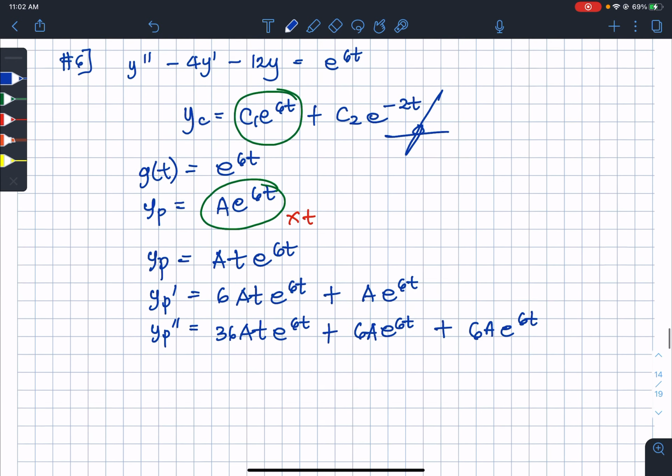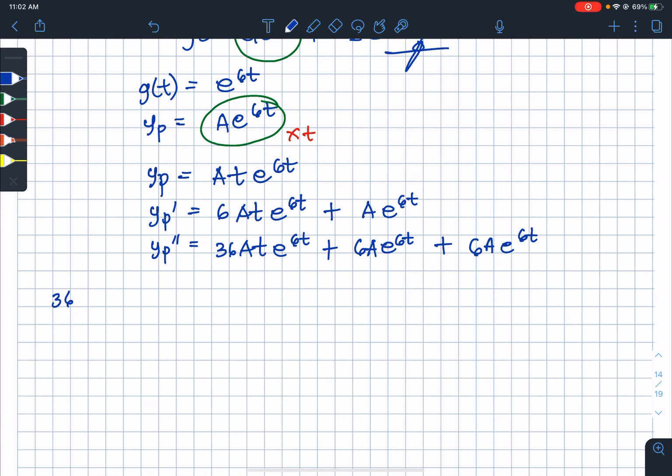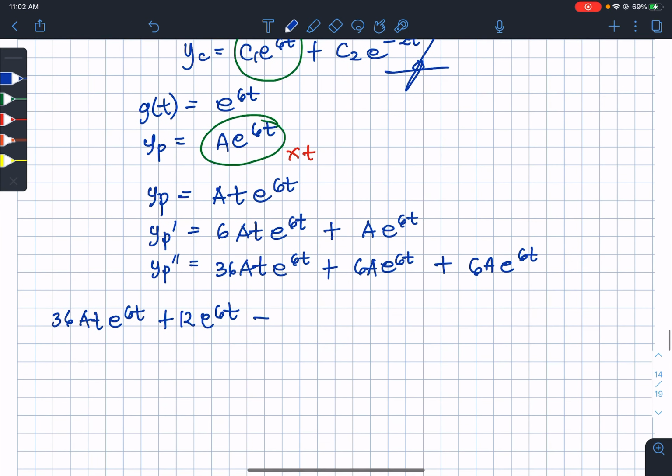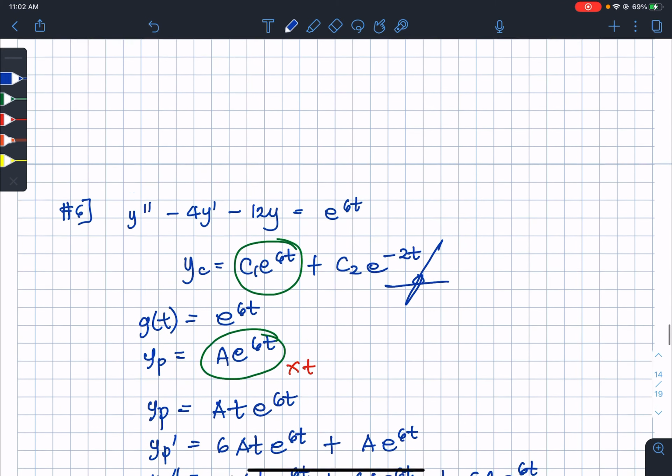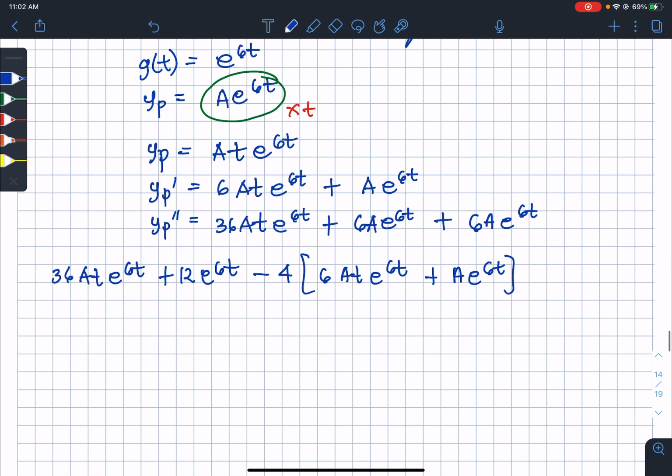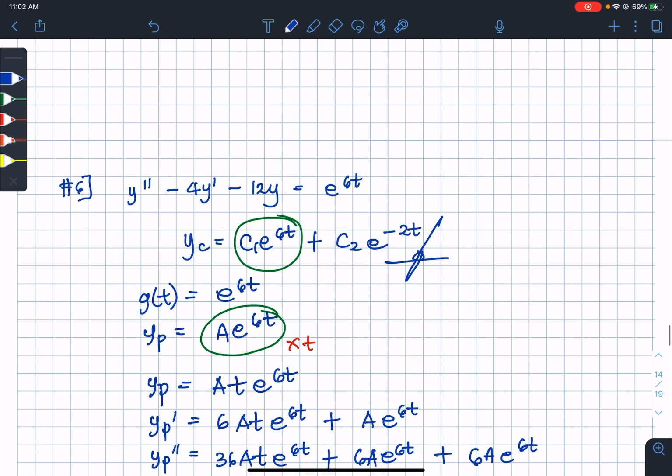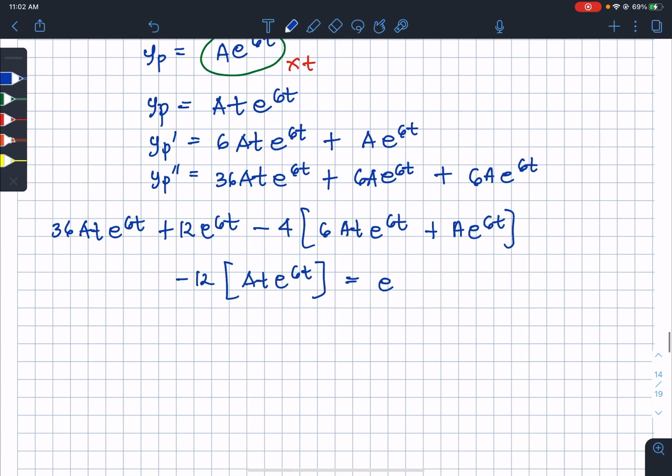In short, we have y double prime as 36at e^(6t). These are the same, so that would be plus 12a e^(6t) minus 4 times 6 at e^(6t) plus a e^(6t) and minus 12 yp.